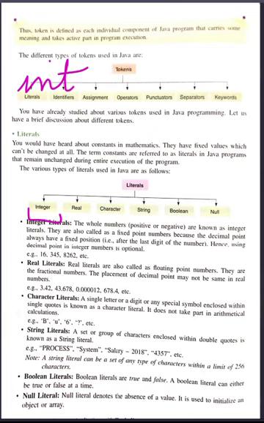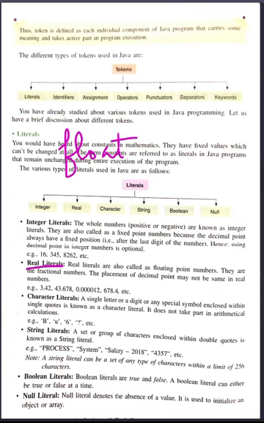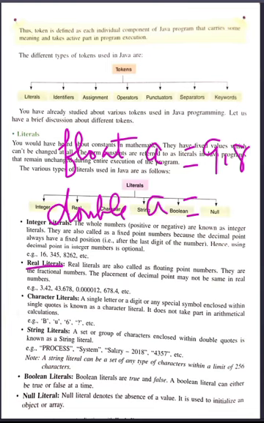Then we have real literals, in which we can use the decimal point. They can be float or double. For a lower range of digits we use float, for a higher range we use double. Any value with decimals, negative or positive, is called a real literal.